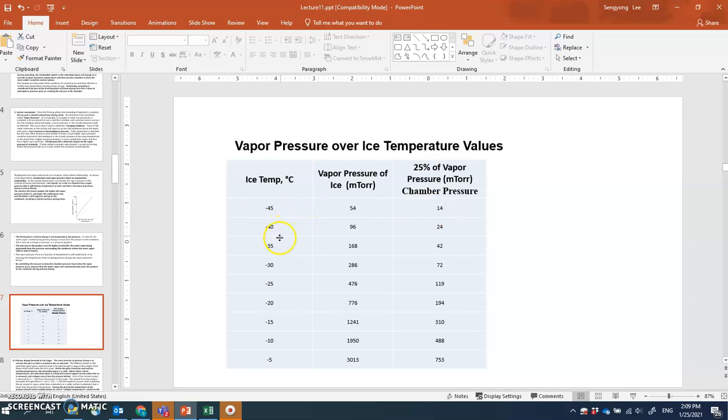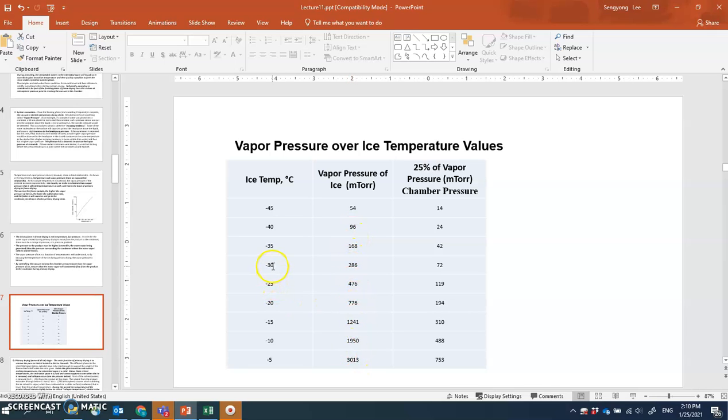If you increase the temperature, again, it becomes higher vapor pressure, maybe at minus 40 degrees, 96, and the outside could be 24 millitorr. So as you increase the temperature, you can see the vapor pressure is significantly increasing.